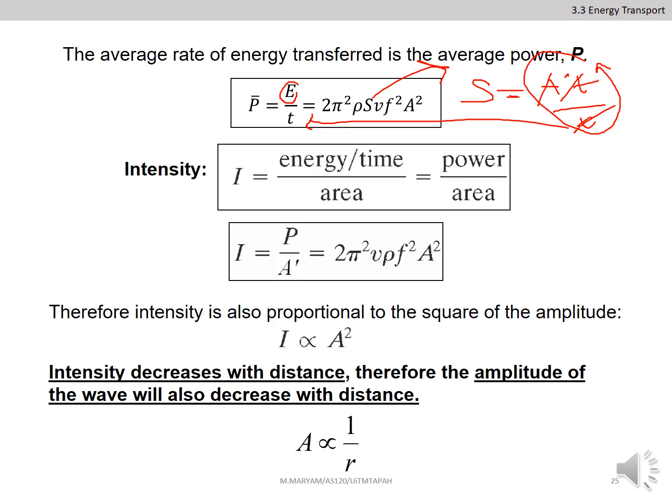Next one, intensity. Intensity is equal to energy divided by the time, so we already find the power from the energy divided by the time. Then divide again by the area to find the intensity.